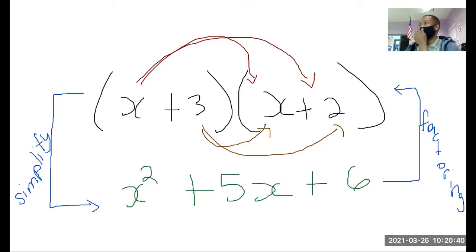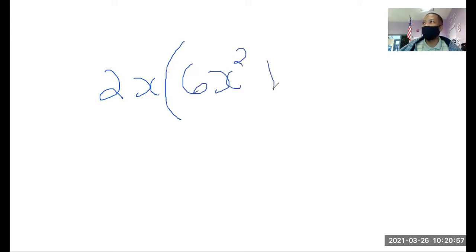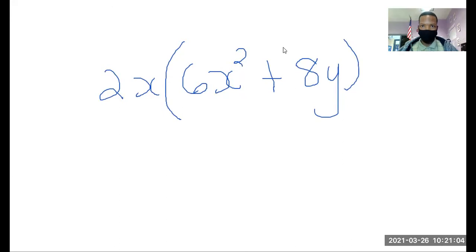So I'm going to show you another example before we continue. New thing. If we have 2x times 6x squared plus 8y, and we are trying to solve this, we're going to use the distributive property.